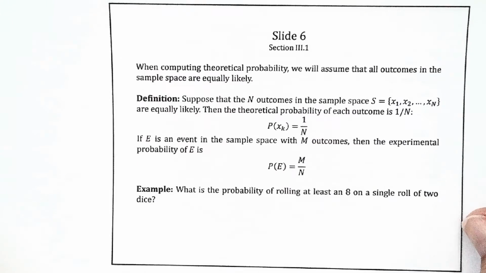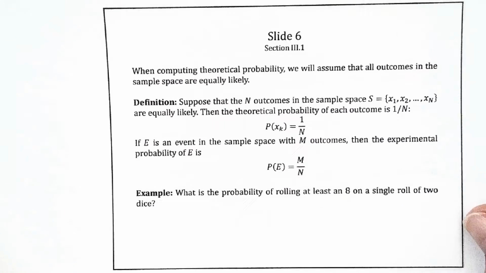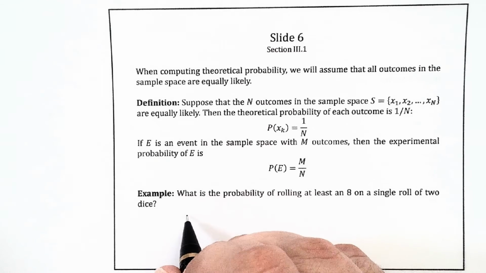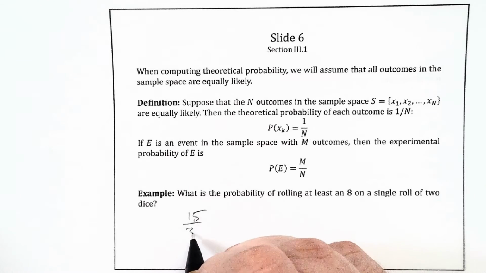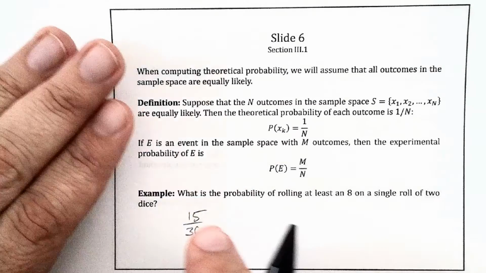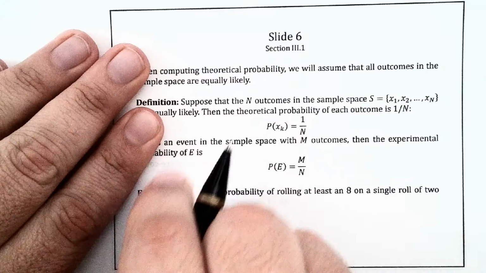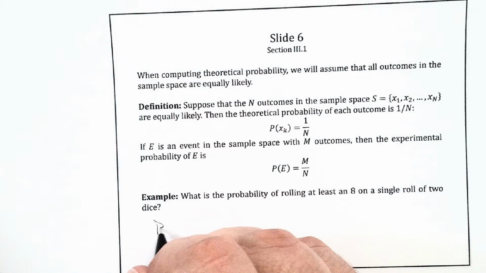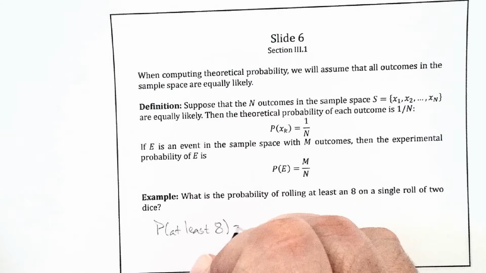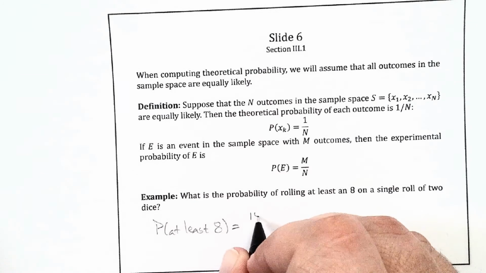So the probability of rolling at least an 8 on a single roll of 2 dice, well, it's 15 out of 36. And I could simplify that if I want, but I might as well just leave it like that. In fact, let me spell it out a little more. So the probability of getting at least 8, again, is 15 out of 36.